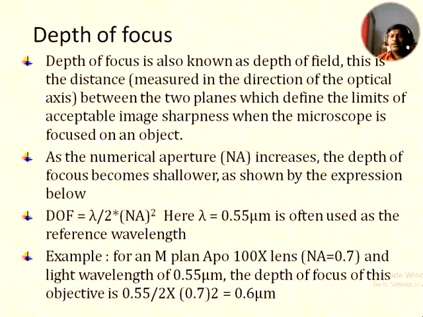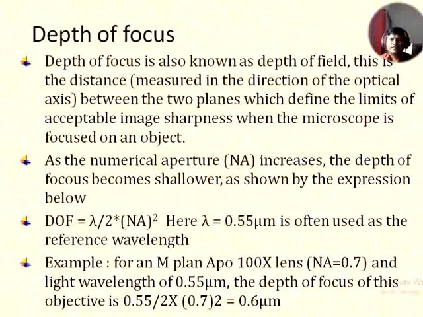Now the depth of focus of this objective: here we have to put the values of the different parameters. The value of lambda is 0.55 micrometer divided by 2 into, here we have to put the value of numerical aperture, that is 0.7, and here is the bracket square.